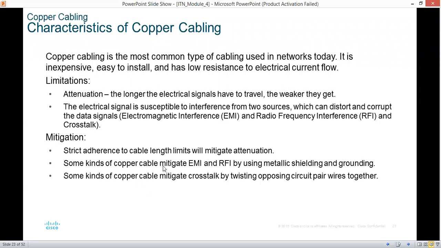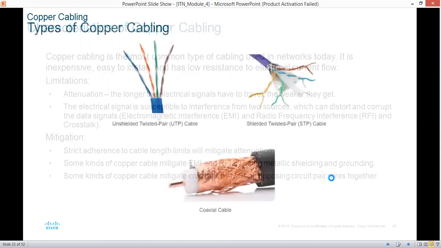Some kinds of copper cable mitigate EMI and RFI by using metallic shielding and grounding. And some kinds of copper cable mitigate crosstalk by twisting opposing circuit pair wires. So when it's being twisted, it helps to take care of crosstalk.